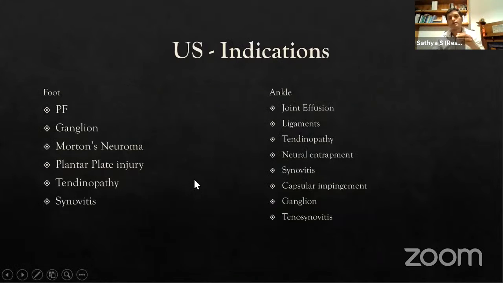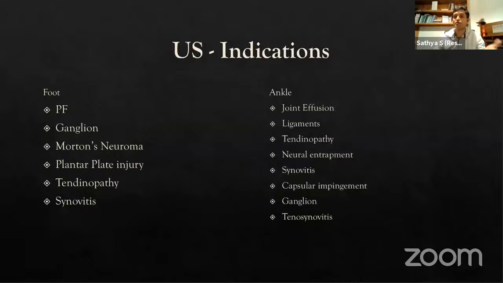So if you look at the ultrasound indications, quite often for the foot and ankle area, we use it for plantar fasciitis, ganglions, Morton's neuroma, plantar plate injury, tendinopathy, and synovitis.